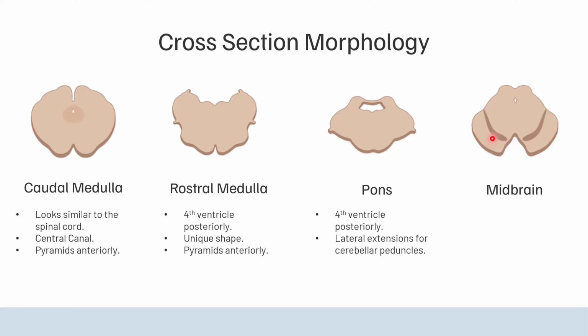And then once we get here, all we see is the aqueduct. So it does have somewhat of a similar arrangement to the spinal cord because we're just going up and we don't have this fourth ventricle anymore. However, we can see this projection outwards that gives it this kind of Mickey Mouse appearance. And we can also see this characteristic darkening that we will not be able to see anywhere else.